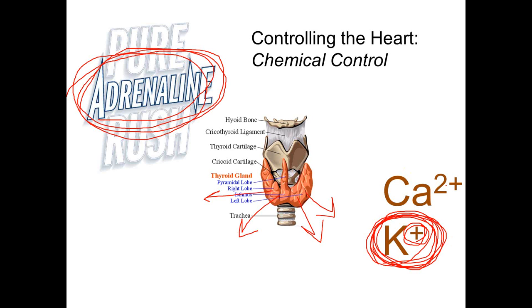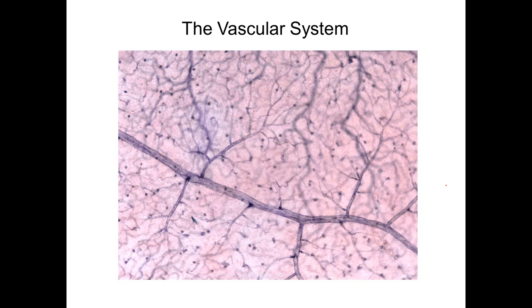So that more or less completes our look at the first part of the cardiovascular system, that is the heart and heart physiology. Now we need to go to the vascular system.